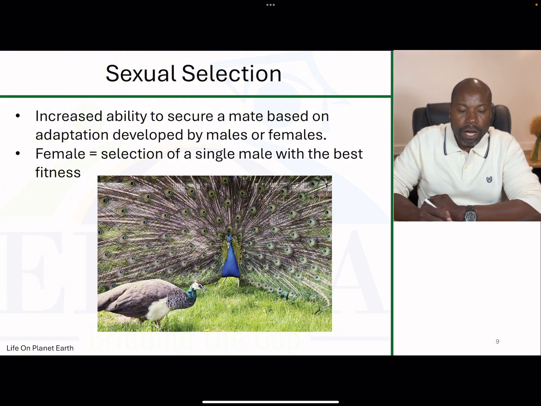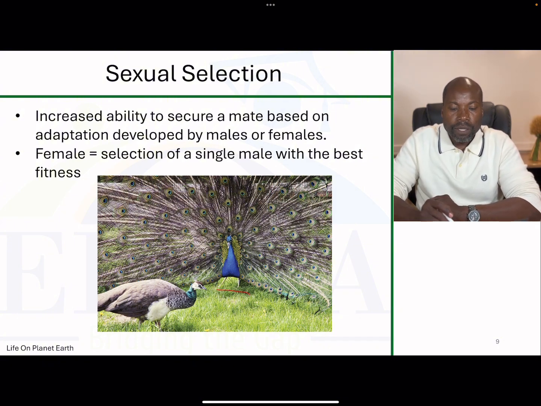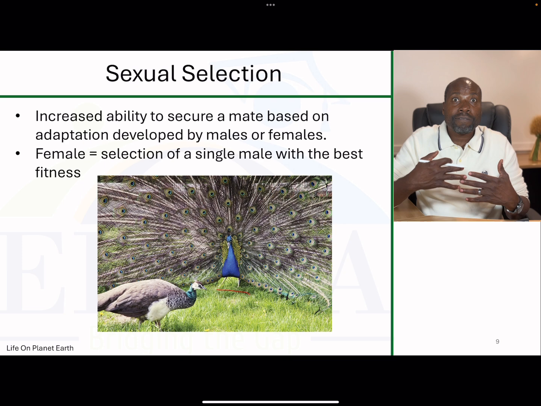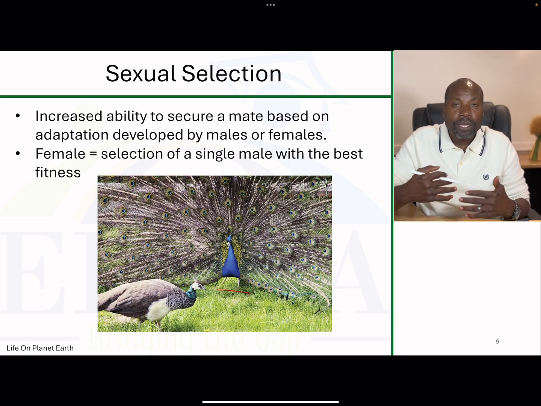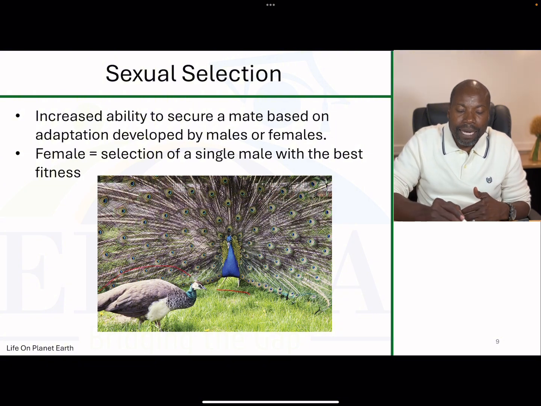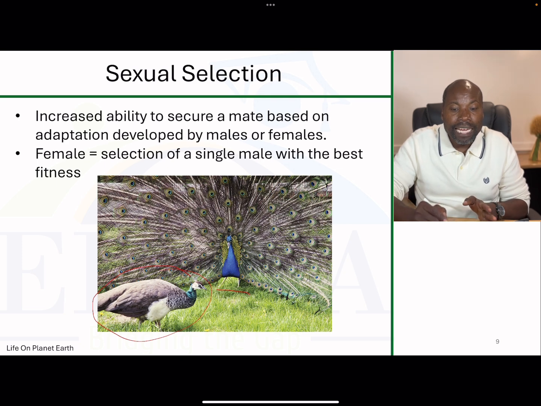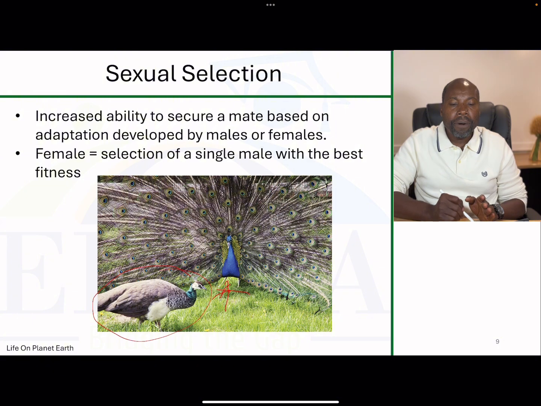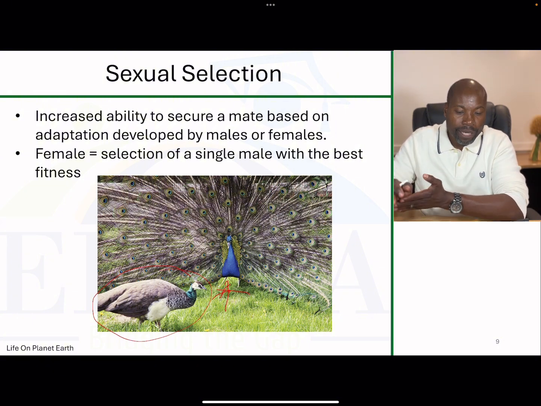In the case of these birds here, when they spread their feathers, the more beautiful and well-maintained the feathers look, the more likely the female is going to be attracted, the more likely the chance of copulation, and the more likely the chance for this particular bird to pass down their genes to the offspring.